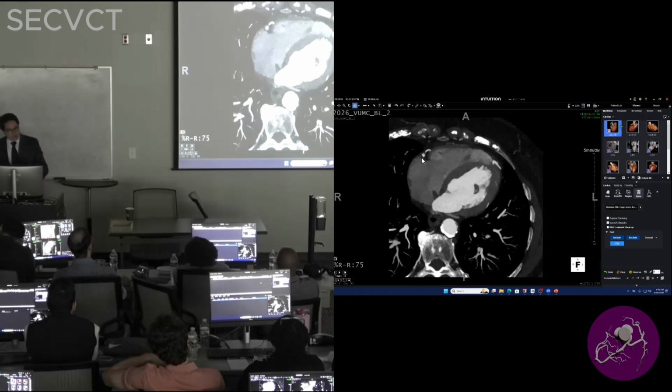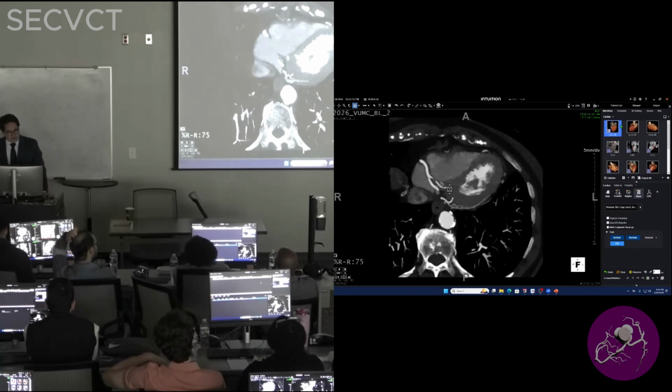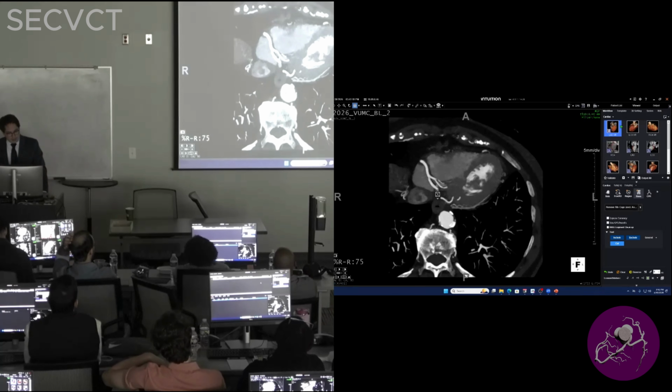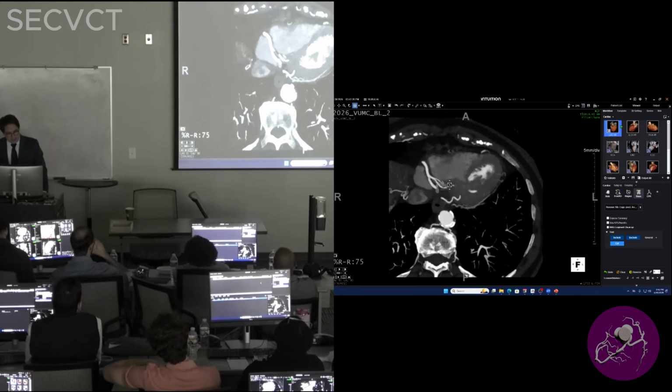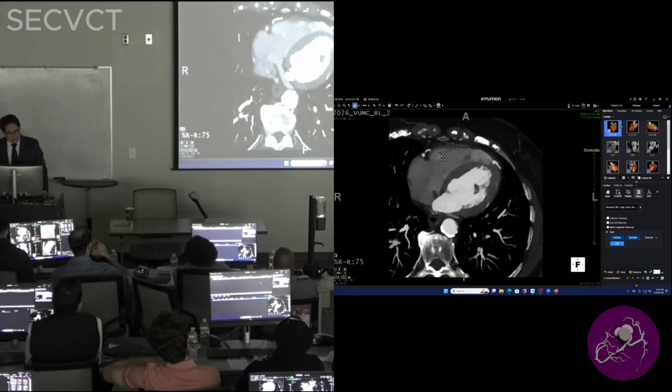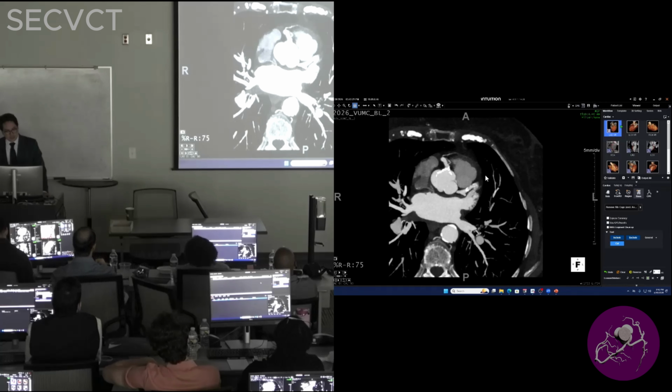Here you can see on the groove that the RCA is pretty big, and we don't have any left circ here. So just by this picture we know it's going to be a right dominant system, right? As we go down, you have a PDA and the posterior lateral branches, and there's nothing much going on in the RCA aside from that ostial lesion.